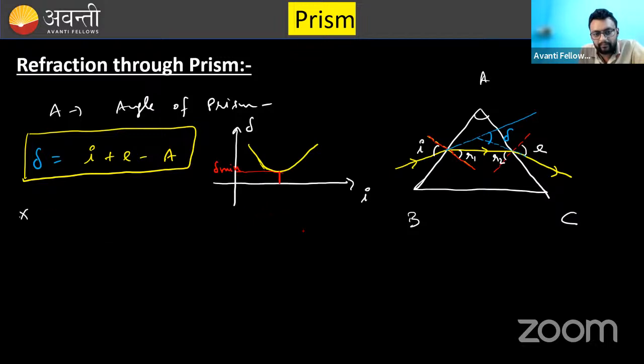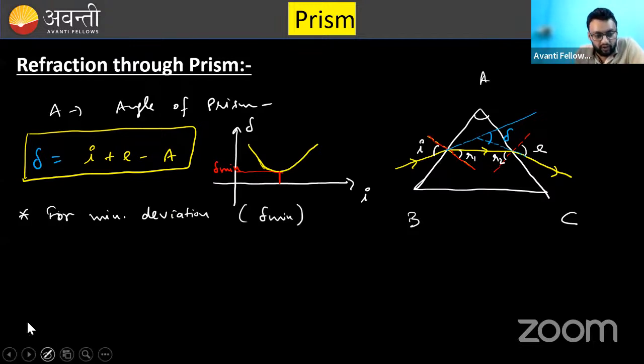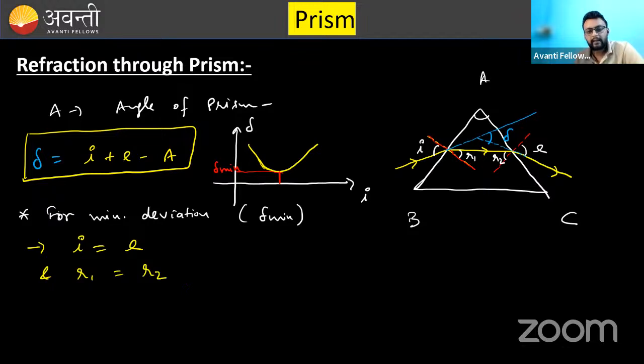Minimum deviation means delta minimum. For delta to be minimum, what are the conditions? That is, I is equal to E and R1 is equal to R2. Clear? I is equal to E and R1 is equal to R2.